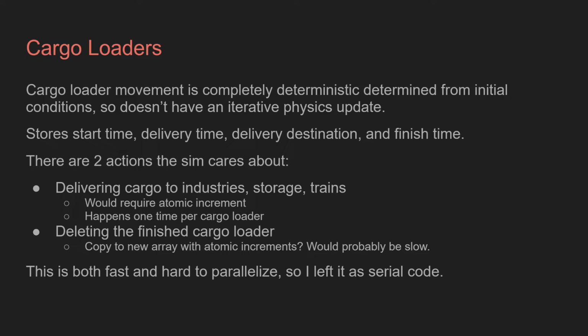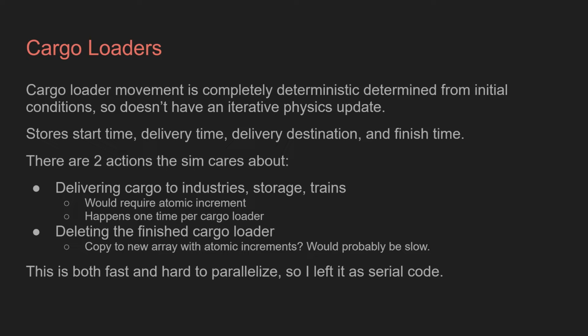The only properties of a cargo loader that are relevant to the simulation are the start time, the delivery destination, and the finish time when the cargo loader needs to be removed. These times are specified as integers, denoting what simulation tick they occur on.